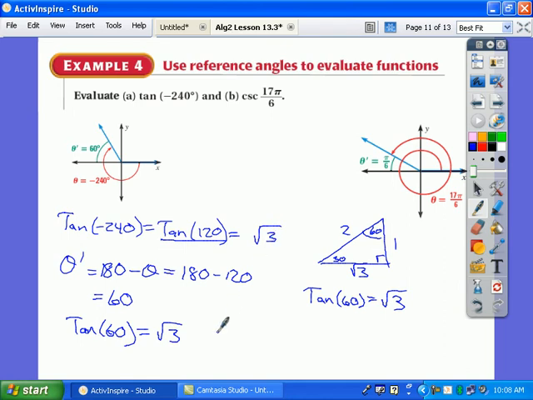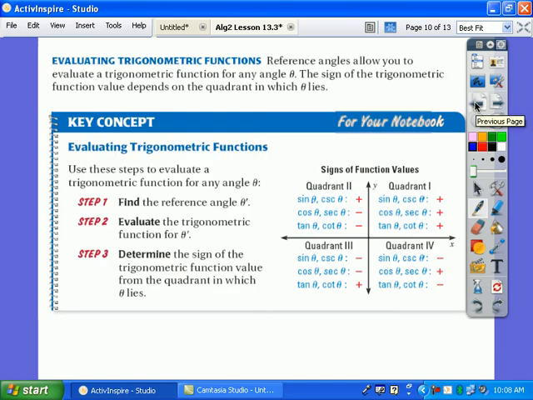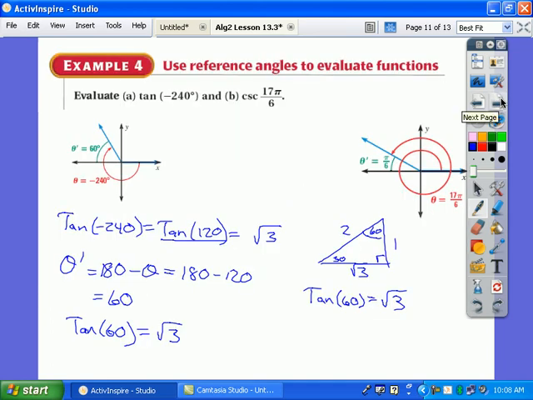And I see in quadrant 2, tangent is negative. So that means that tangent of 120 degrees is almost like tangent of 60 degrees, except it should have a negative sign in front. And now we're done. Now we're done. Okay.